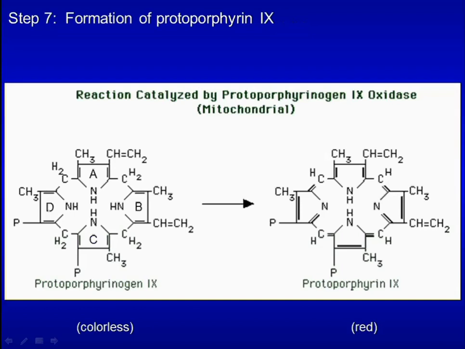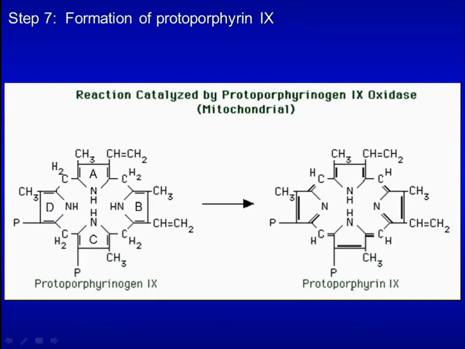In the seventh step, hydrogens are removed from the B, C, and D rings of protoporphyrinogen 9. This gives rise to protoporphyrin 9. This reaction is catalyzed by protoporphyrinogen 9 oxidase.